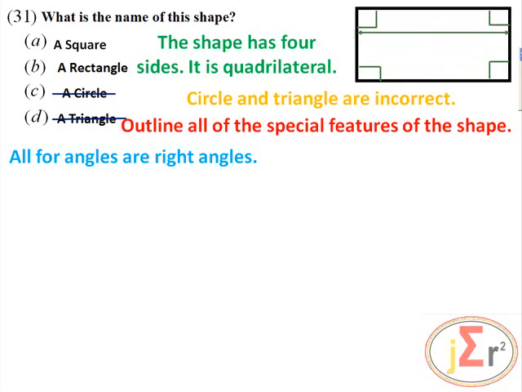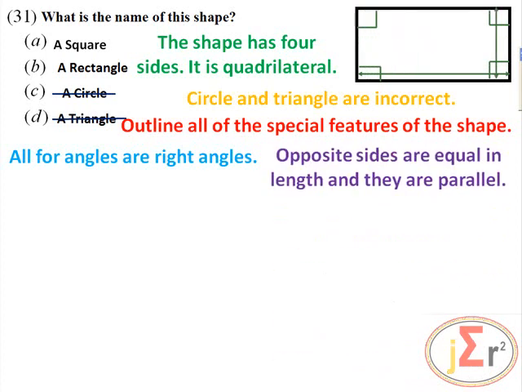It means that those two lines are parallel also, because it goes across and it is the same distance all the time. So those two lines are parallel and the other two are parallel. Opposite sides are equal in length and they are parallel.